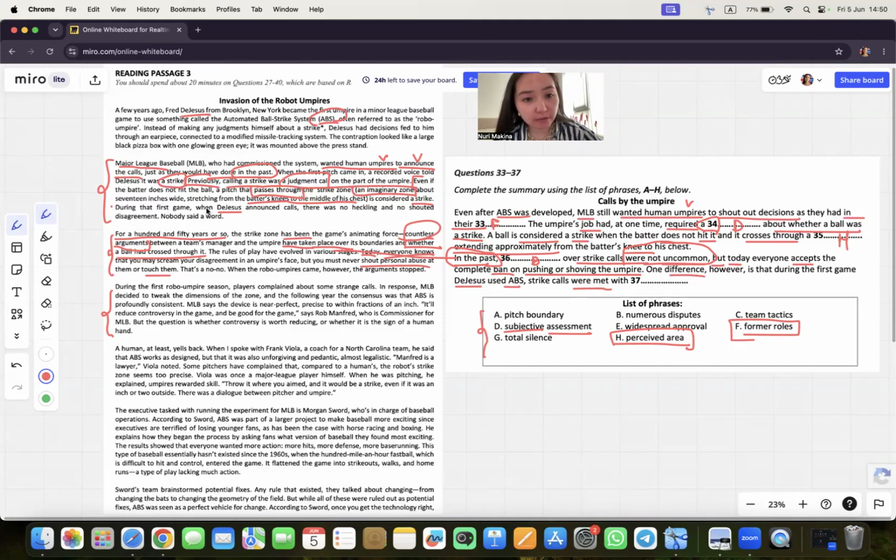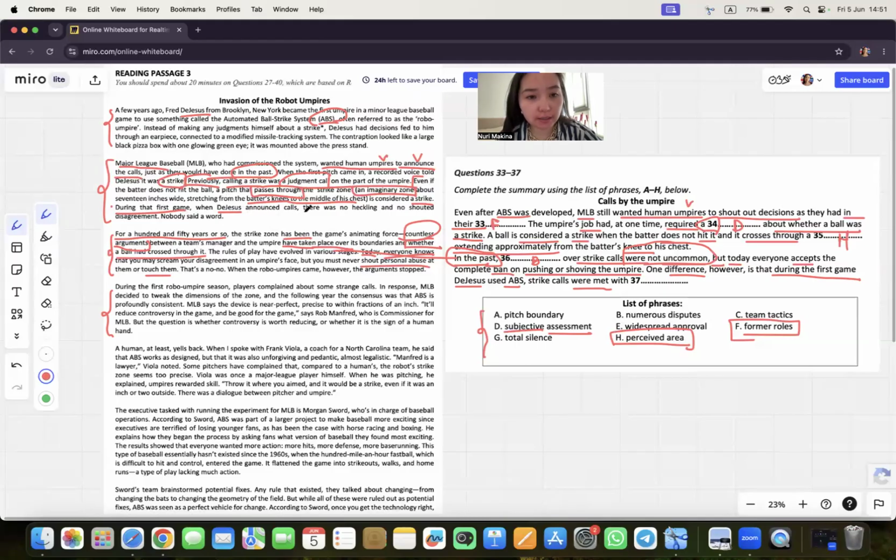The difference is here. During the first game, we have the matching of the words during the first game keyword. The next keyword is the Jesus. But in the first paragraph, of course, you do have the keywords Jesus and ABS, but they have nothing about the first game. So the answer is hidden here.